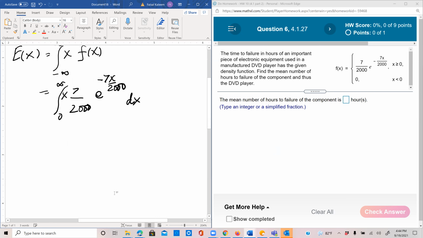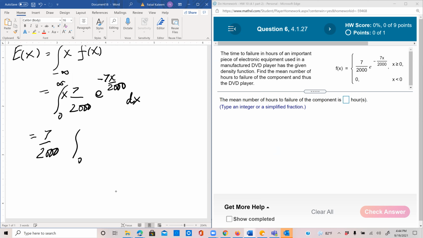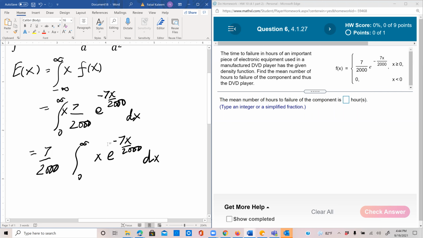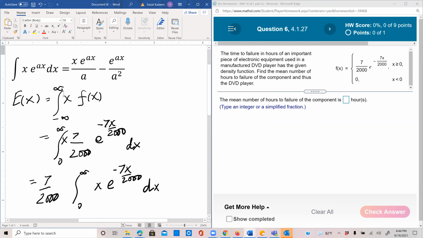And now, once you pull the 7 over 2000 out, we get x e to the negative 7x over 2000, which is exactly the form that I showed in the shortcut, x e^(ax).